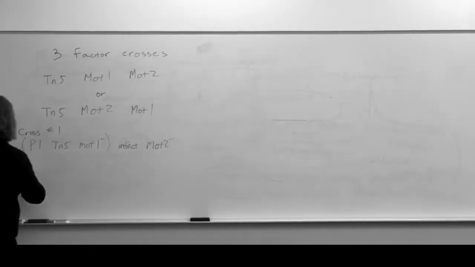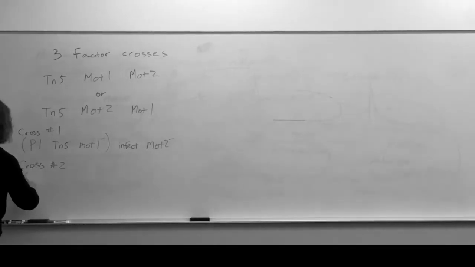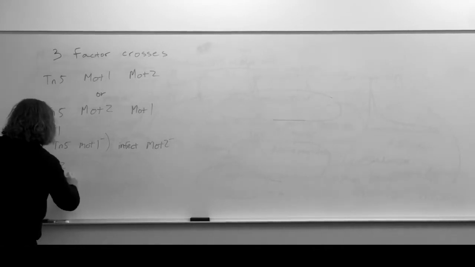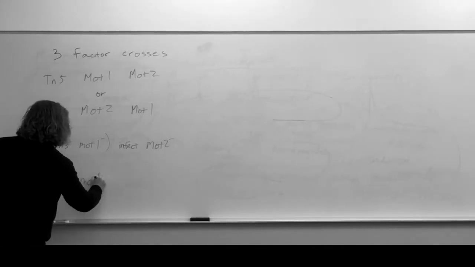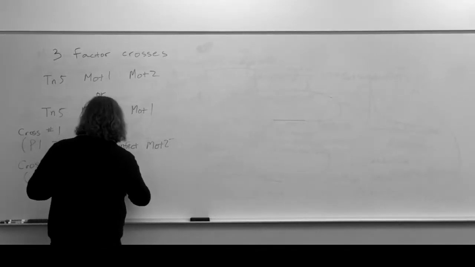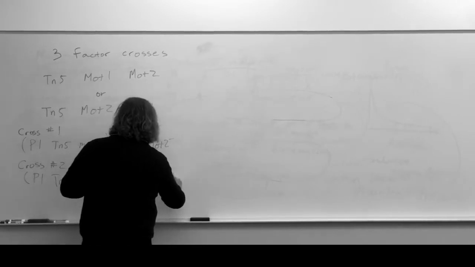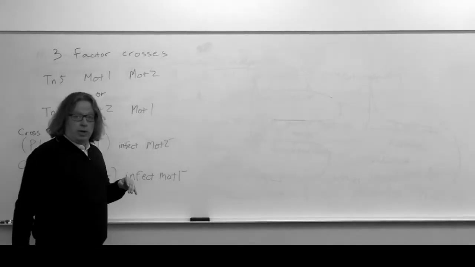The second cross is going to be the opposite, which is P1 Tn5 mod 2 minus, and we're going to infect with mod 1.